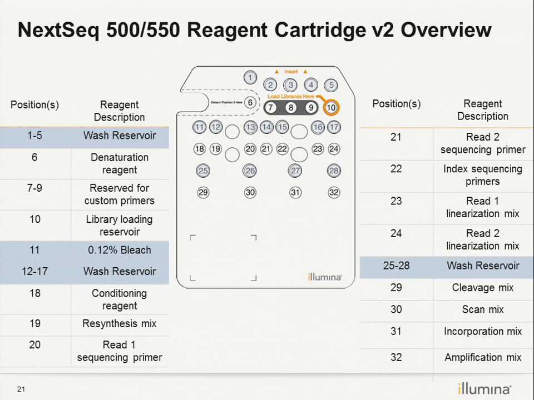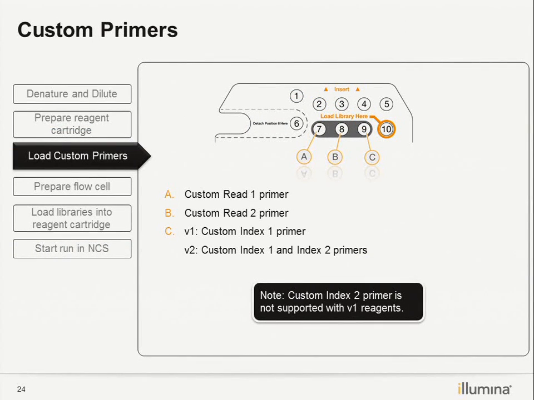Custom sequencing primers: number 7 is for custom read 1 primer, custom read 2 primer is here, number 8, and number 9 is custom index primer. So if you have both custom index 1 and custom index 2 primers, since there is only one well, you're going to mix your 2 primers together.